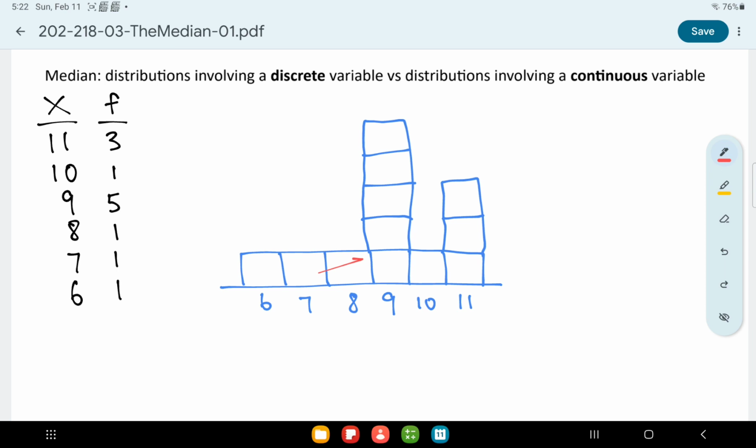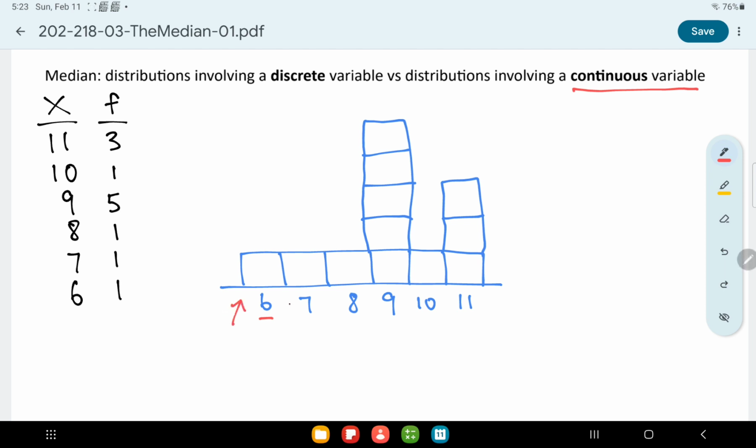However, when and if you are tasked with figuring out the median of a set of numbers, the median of a distribution of numbers describing a continuous variable, you will need to be careful and take into consideration the fact that the score of 6, for example, when we say that there's one score of 6, we're suggesting that there is one score that falls within the real limits.